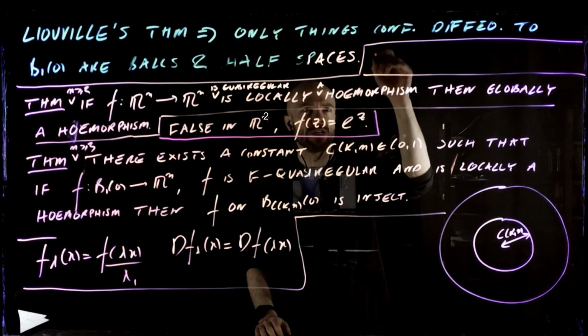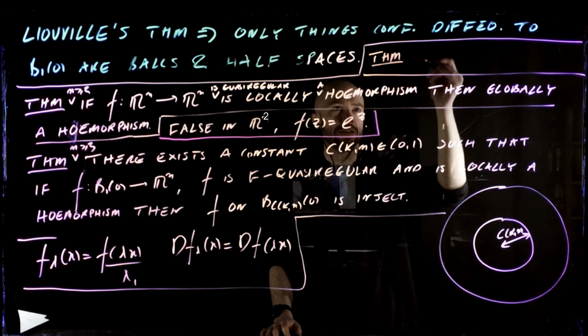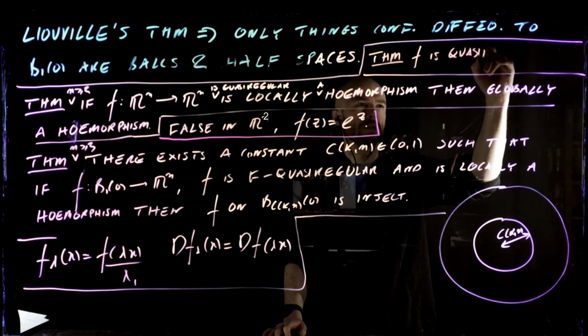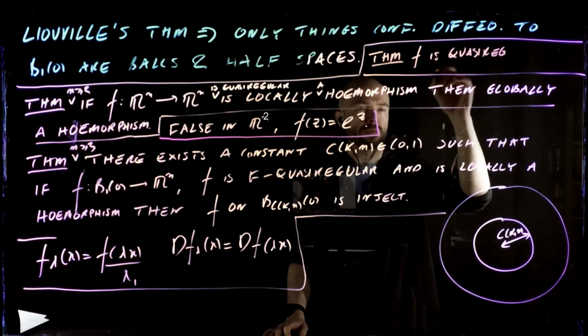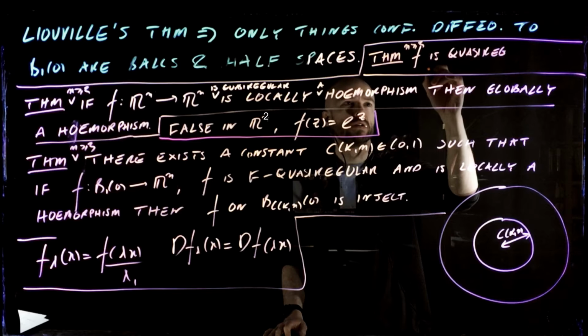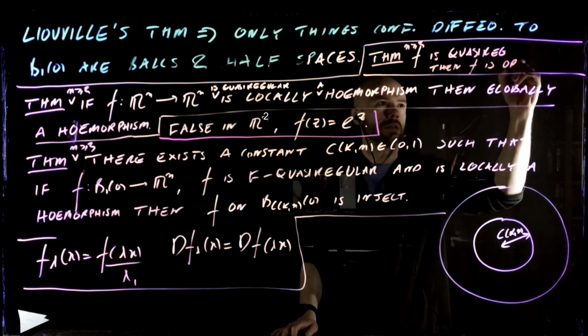This was the one proved in the 60s or 70s that if F is quasi-regular, and this is dimension 3 and above, then F is open and discrete.